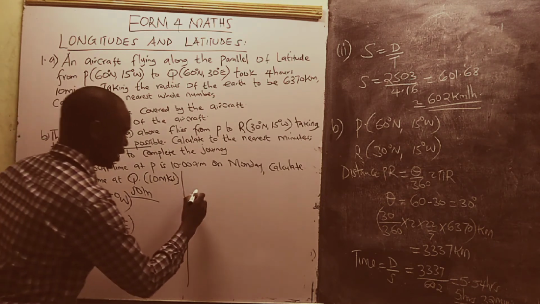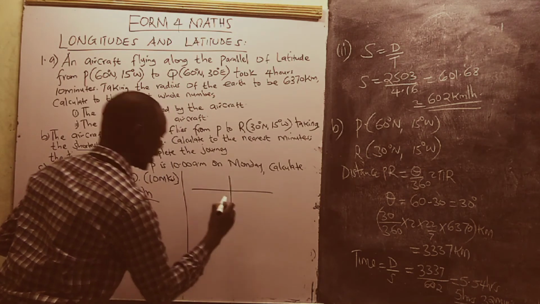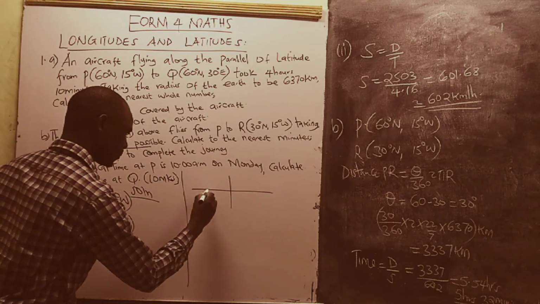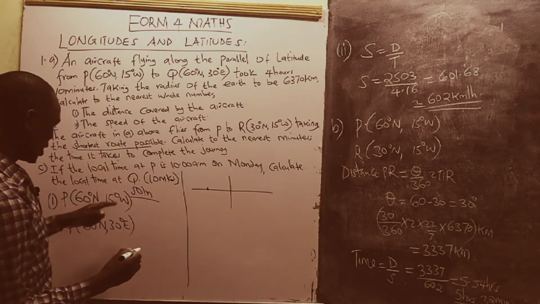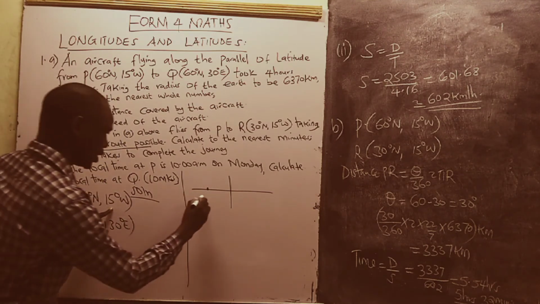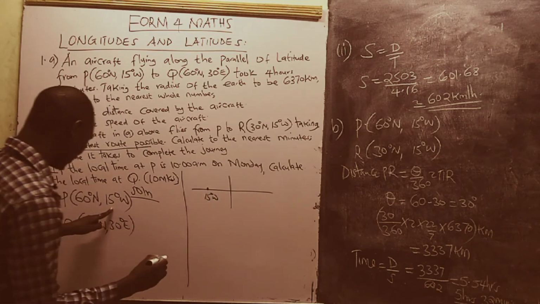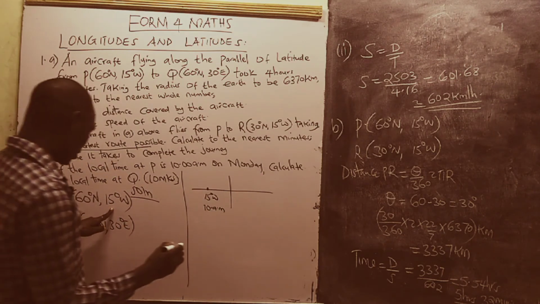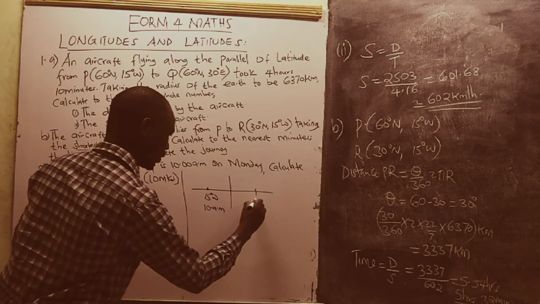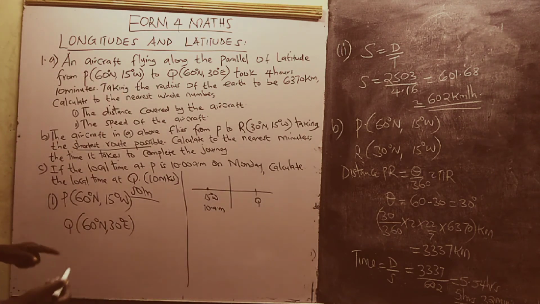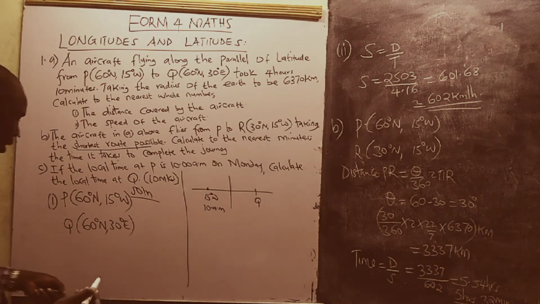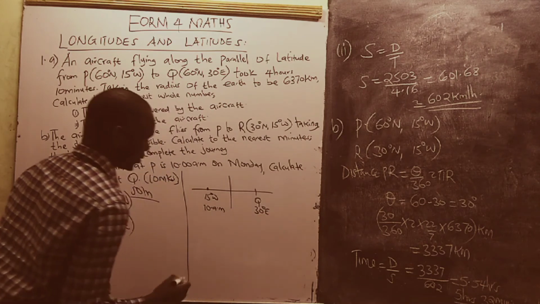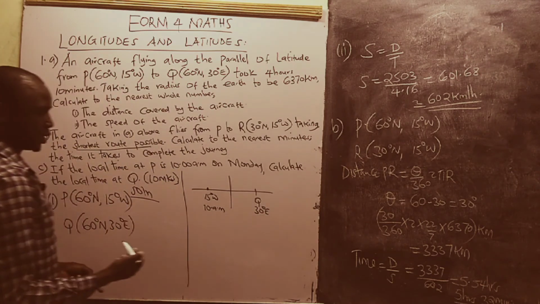If I might draw a diagram here, assuming this is our prime meridian, we have our point P here, and point P is actually 15 degrees west and the time here is 10 a.m. We also have another point Q here, to the east, past the prime meridian, and we have been told this one is 30 degrees east. So we need to calculate the time at point Q.